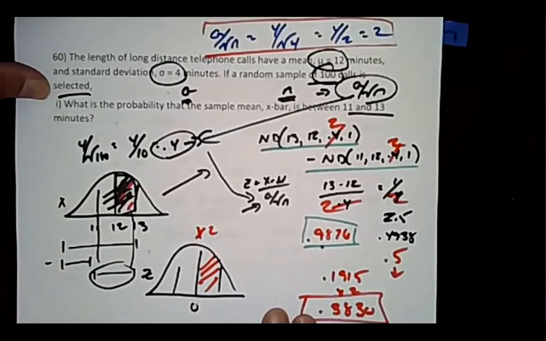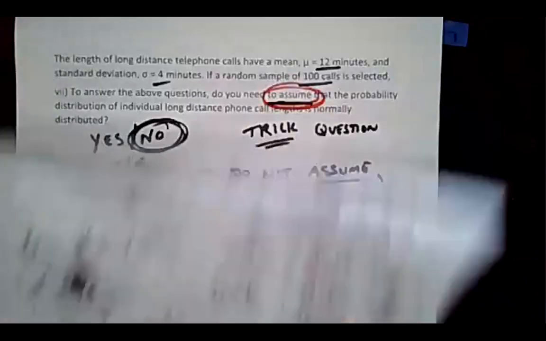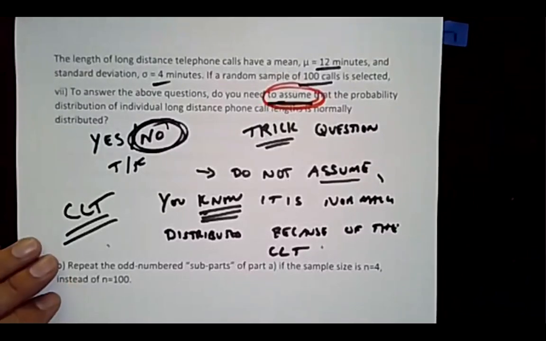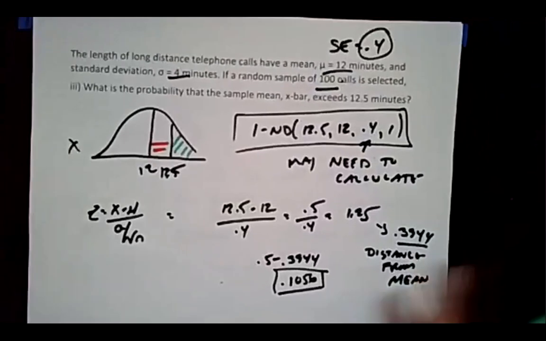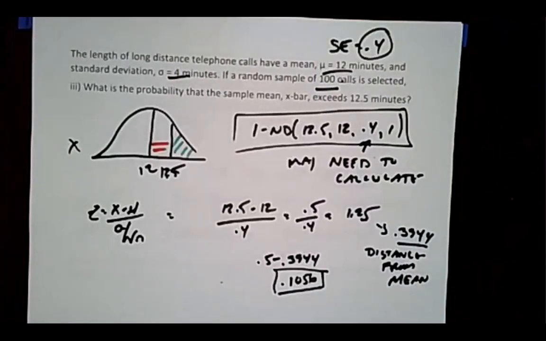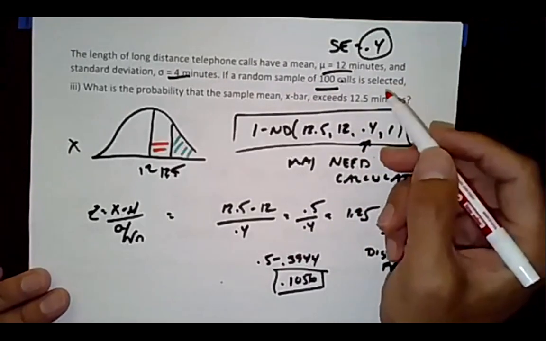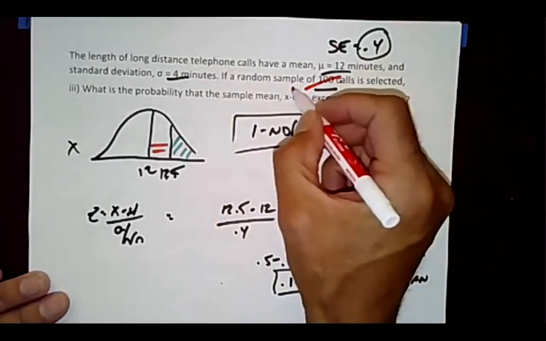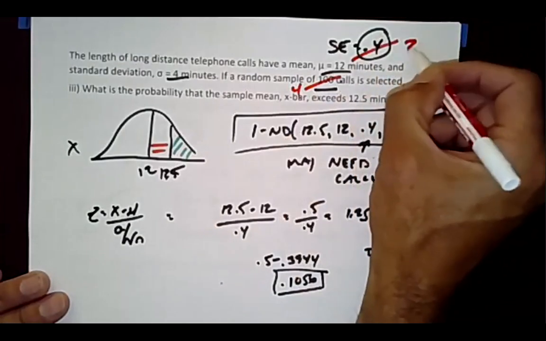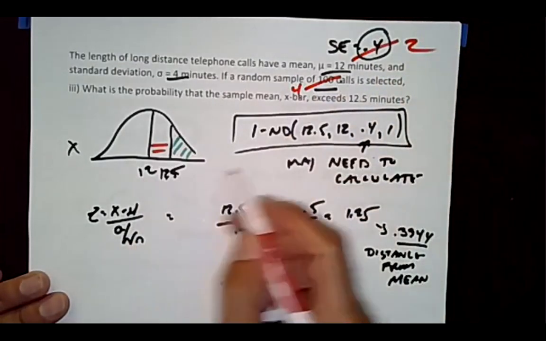Okay, let's go to III. Yikes. Okay, so again, the standard error in this problem is now changed, right? Because now it's 4, so this becomes 2. The Excel command is easy.